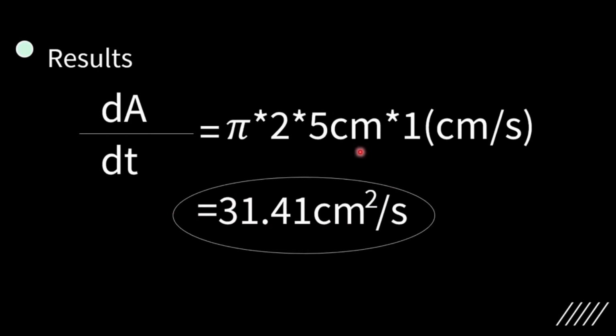We have to take into account that the centimeters here and the centimeters here have to multiply and give us 31.41 centimeters squared per second. That is the correct answer, and we have to take a look at the units in the whole problem in order to have a good answer. And that's it. Thank you, and continue.